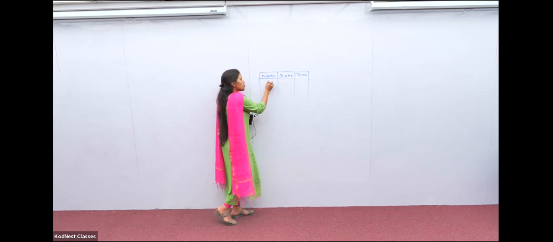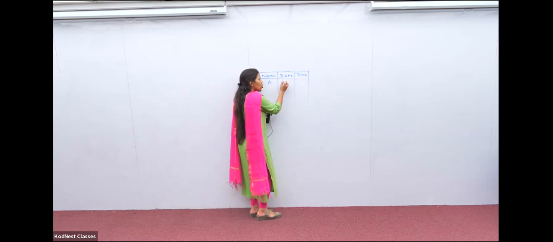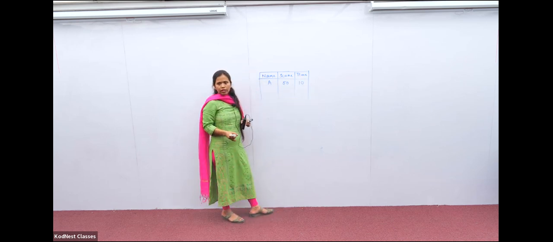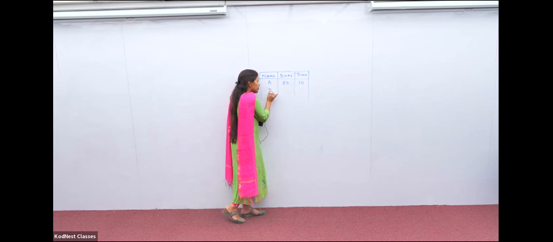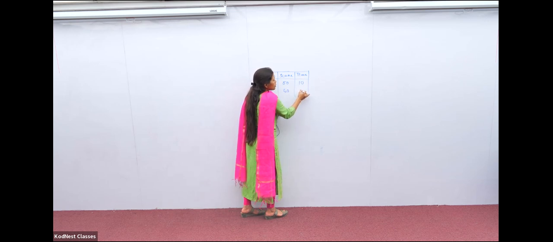Now there is one person whose name is A, and they have scored 50 in 10 minutes. Now there is another person B who has scored 60, also in 10 minutes.